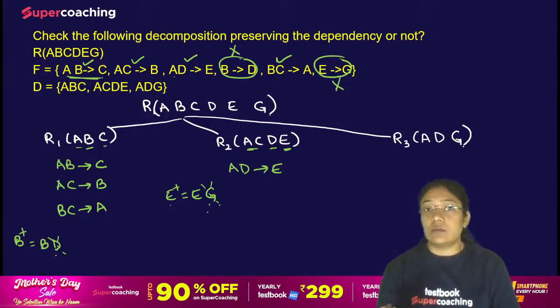If even one functional dependency is not preserved by any of the subrelations, then we say that the decomposition is not preserving the dependency. In fact, in this case you have two functional dependencies that are not being preserved. So clearly the answer is it's not dependency preserving.